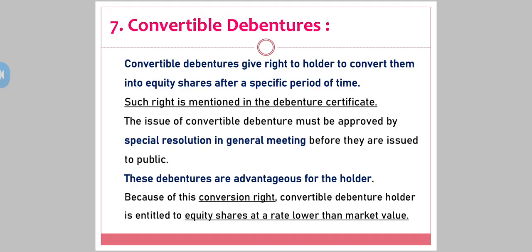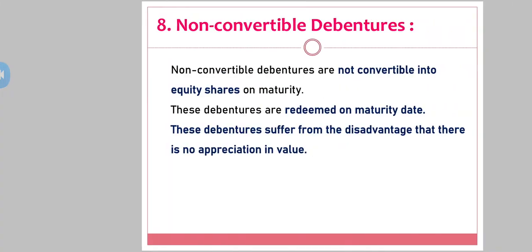So for these rupees 100, you are going to get an equity share which is costing 150 on that date in the market. So I can say convertible debentures are always advantageous to the investor.